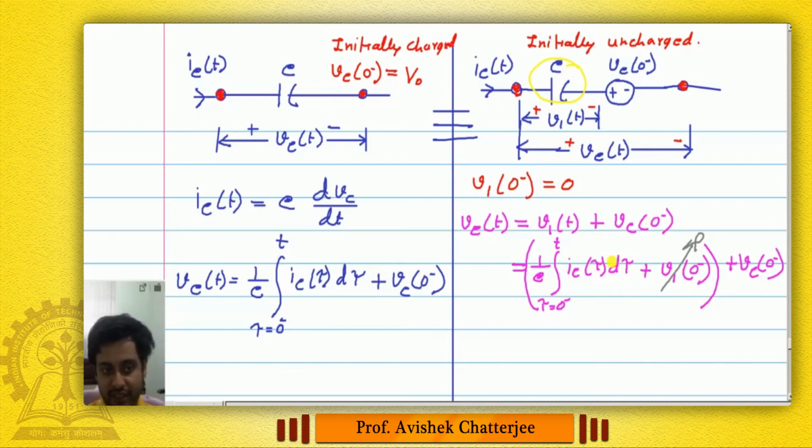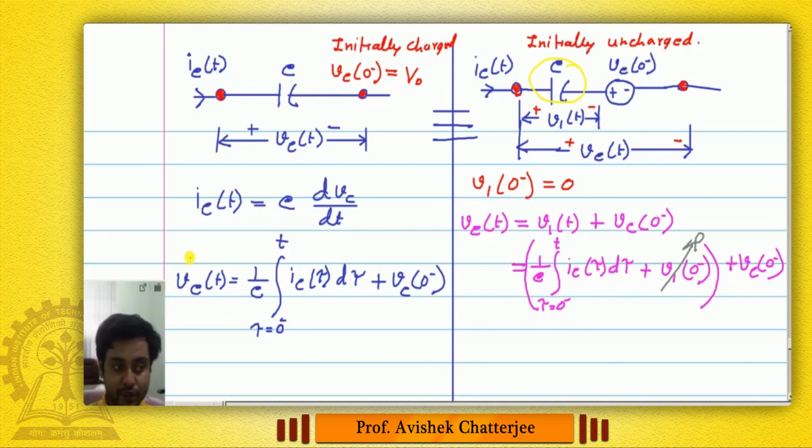However, you see that this equation of Vc is still same as this equation of Vc. Here V1 is not present, but Vc(0-) is coming due to the source. Here Vc(0-) is coming due to the initial charge of the capacitor. However, finally in this circuit and this circuit, the expression of Vc is same.